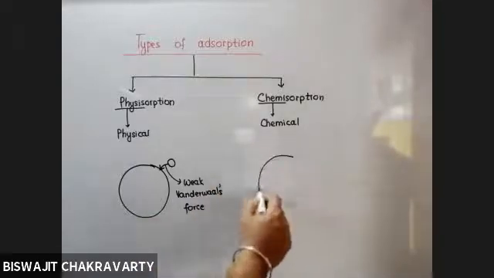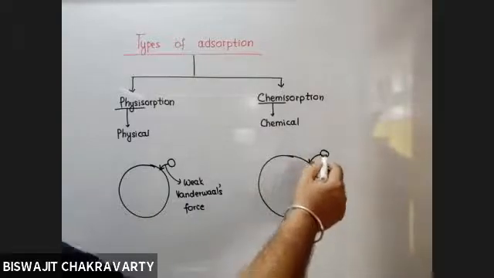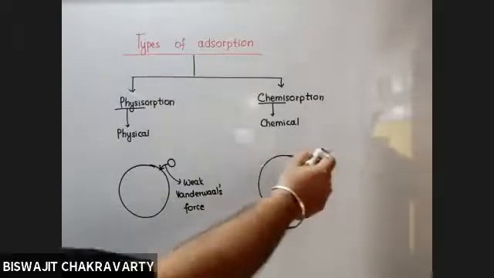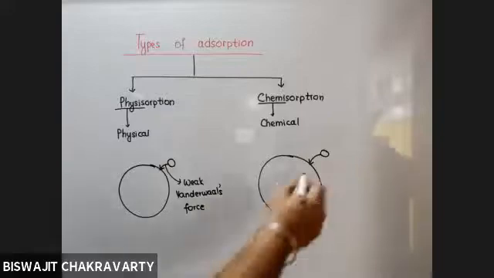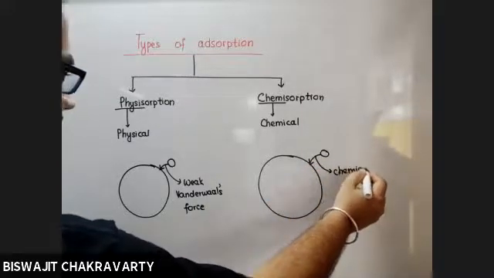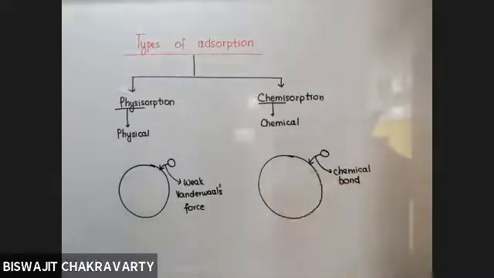Now come to chemisorption. When an adsorbate comes on the adsorbent and there is a chemical reaction responsible for holding the adsorbate on the adsorbent, as a result of which some chemical bond is developed in between, then we call it chemisorption.